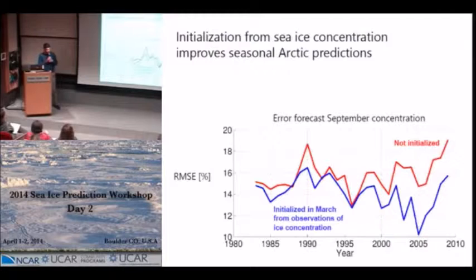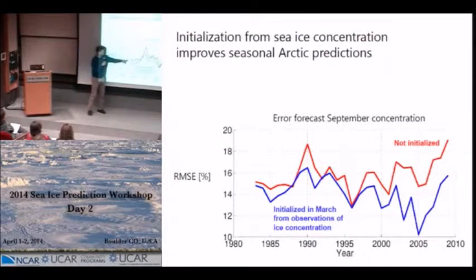Now, is it relevant for prediction? Well, I think it is. This is a plot that we saw a version of yesterday. It's showing the error in September forecast in the Arctic for ice concentration for several years. The red curve is the control run, so just forecasts without any initialization.